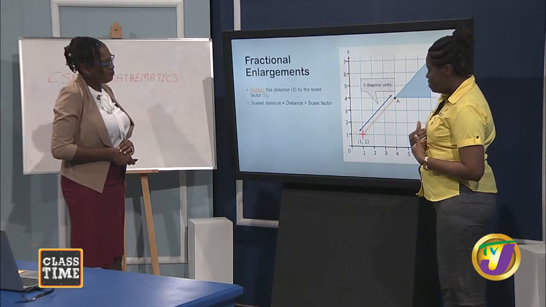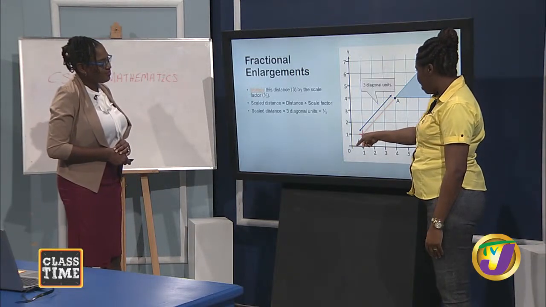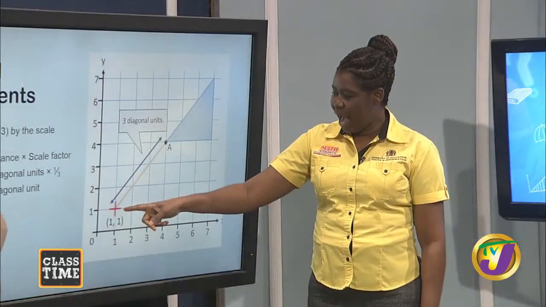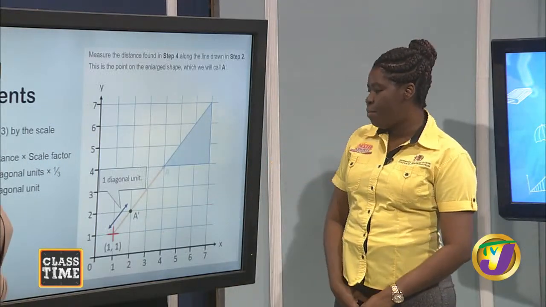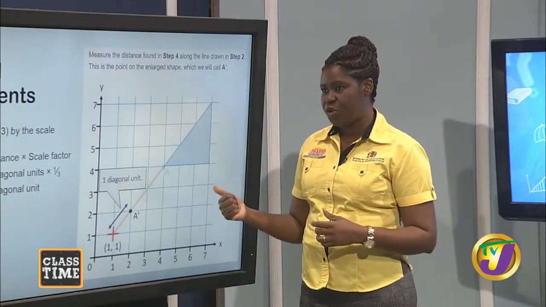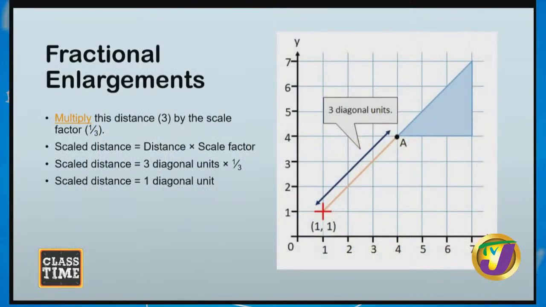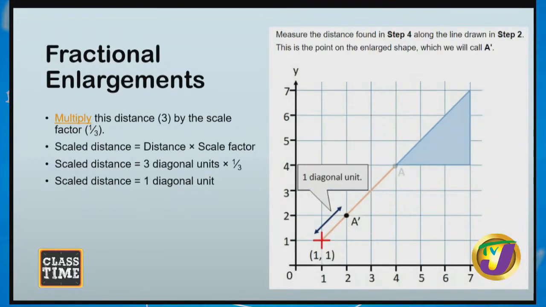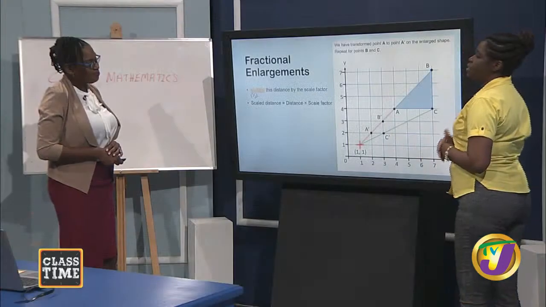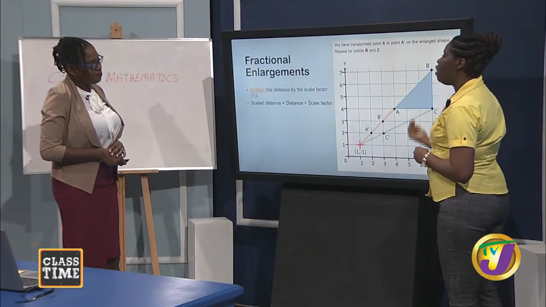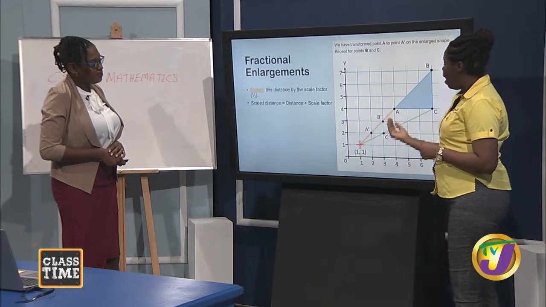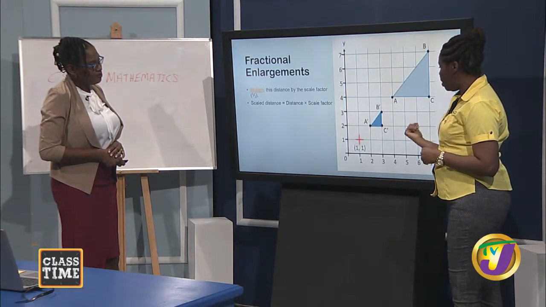So that is telling me that from the center of enlargement, A prime should be 1 unit away. And we're going to repeat this for all the other points. Notice these are positive, so the object and the image fall on the same side of the center of enlargement.